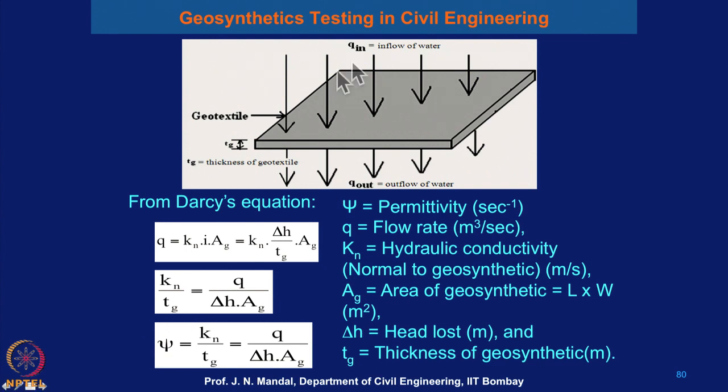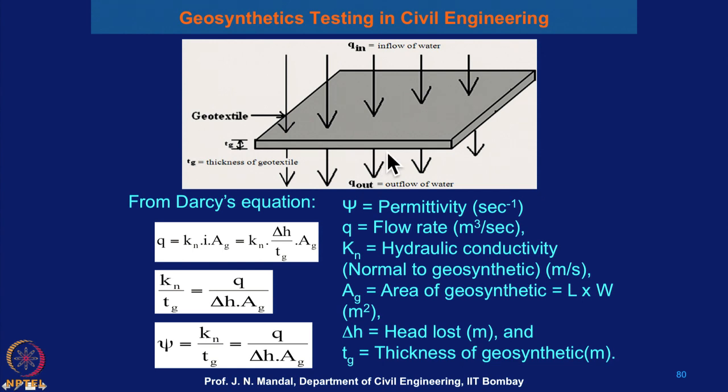Here you can see the geosynthetic material, and the water is flowing from the top to the bottom. This is Q in and this is Q out, and this is the geotextile material, which has a thickness t_g, and water is flowing across the plane of the geosynthetic.